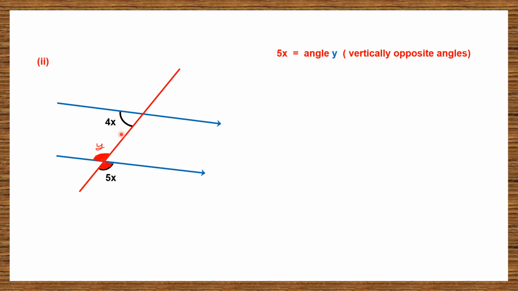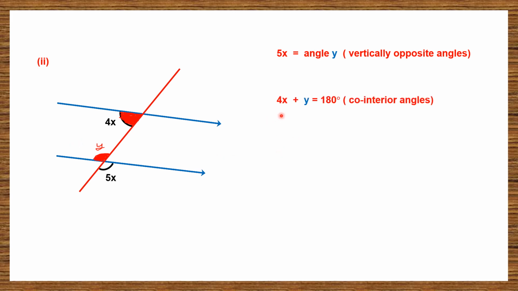Now we can find the value of x because 4x and y together will be co-interior angles. Can you see that now? 4x and y are co-interior angles. And what do we know about co-interior angles? Co-interior angles are supplementary, or they add up to 180 degrees.